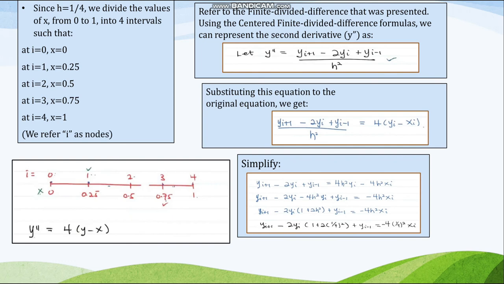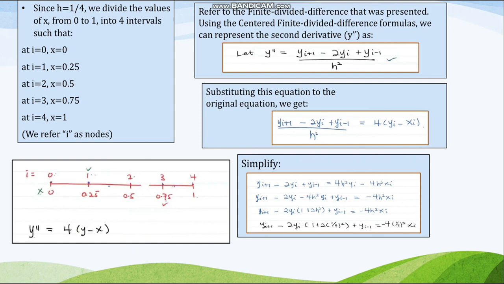We then transpose 4h squared y sub i to the other side of the equation, and we get y sub i plus 1 minus 2y sub i minus 4h squared y sub i plus y sub i minus 1 is equal to negative 4h squared x sub i.